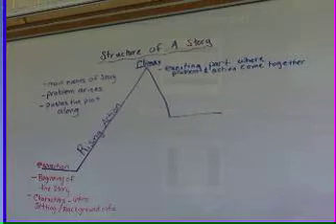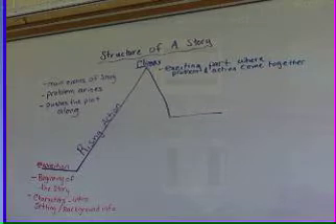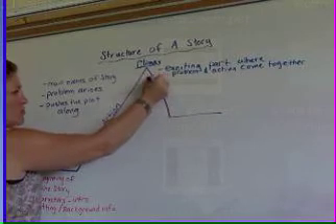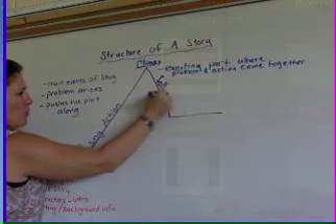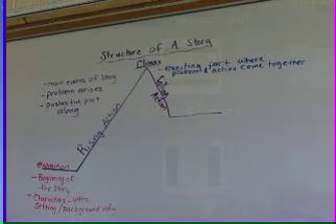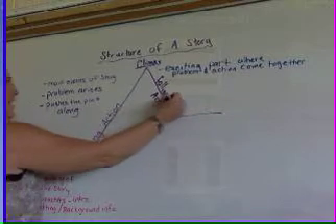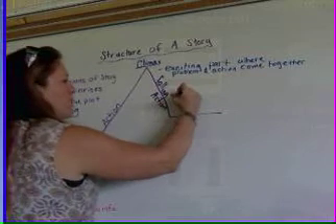Once all this happens in the climax, then we have sort of a falling action. It's usually a short falling action, which is why this one's not quite as long. But we have the falling action of a story. So the exciting part where the problem and the action come together, that's in the climax. And then the falling action is where the problems start to get wrapped up.